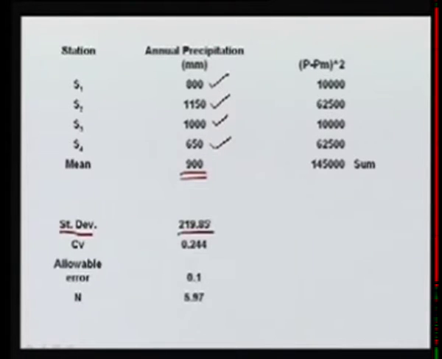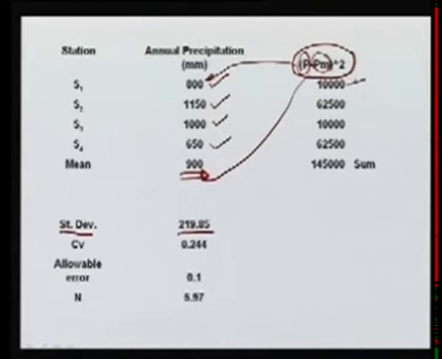So we can find out the standard deviation, which we can obtain from the variation or the variance of the actual rainfall at that station. P is the actual rainfall and PM is the mean of all the stations, which is 900. These quantities represent the deviation of the rainfall at the station from the mean, and the sum of the squares of those deviations comes out to be 145,000.